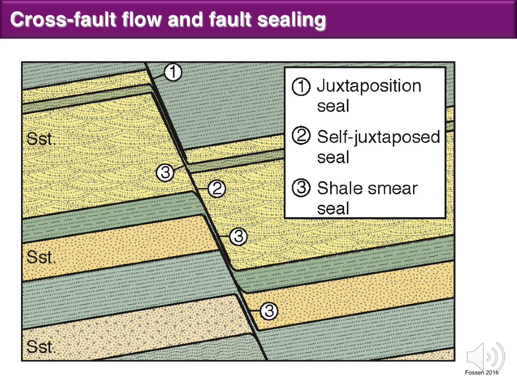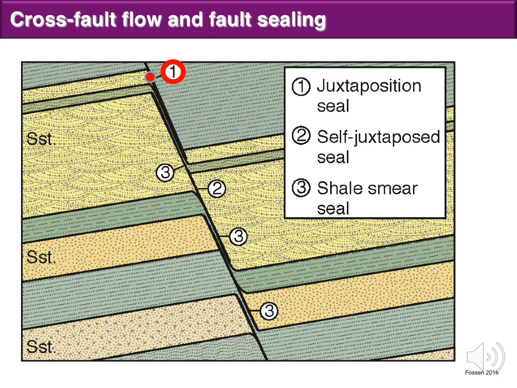For example, we have the obvious one in the top of this figure, juxtaposition seal, where there's an impermeable rock on one side of the fault, so it's quite clear that the fault has to be sealing.